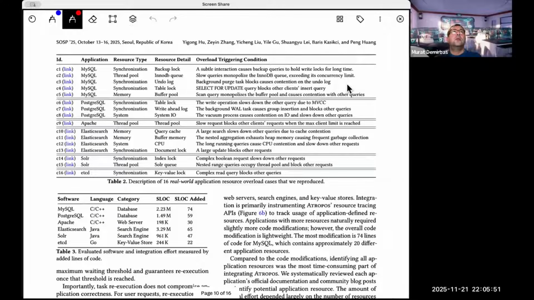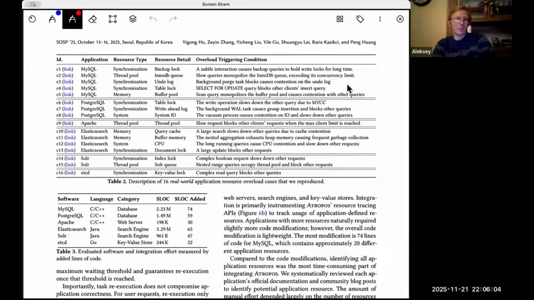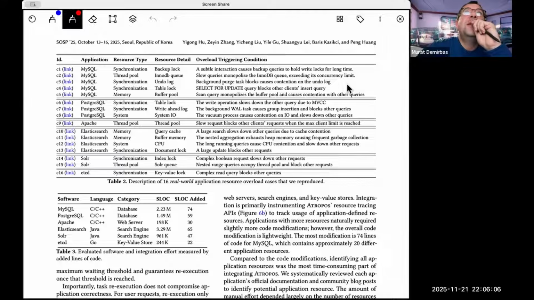Describing 16 real-world application resource overload cases that we reproduce. MySQL, Apache. Maybe they actually refer to Apache Web Server. It could be.